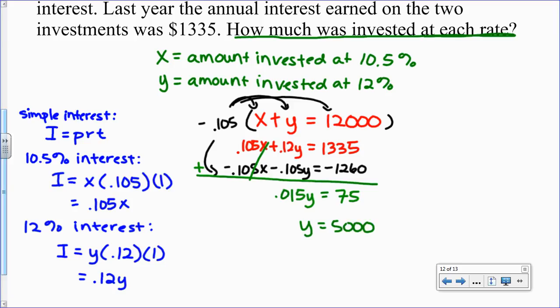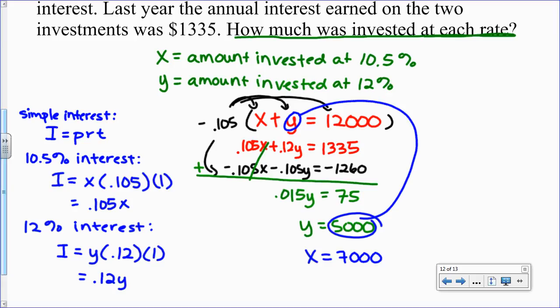Is that what you guys got? I need to find x. What's the easiest equation to plug this back into? Yeah, the top one. I know the total is 12,000. So if y is 5,000, then that means x has to be 7,000.